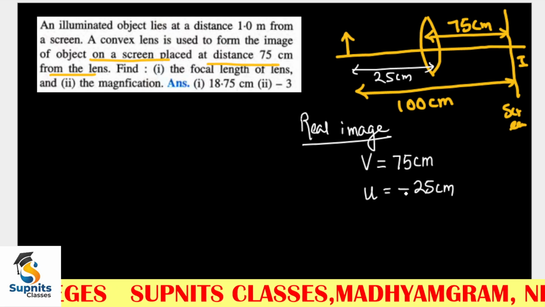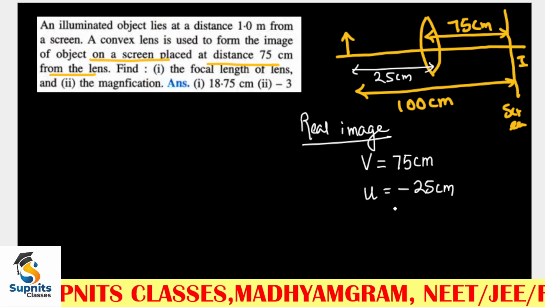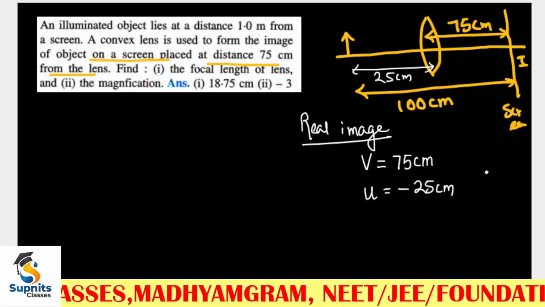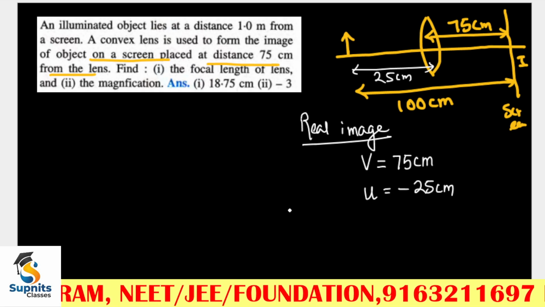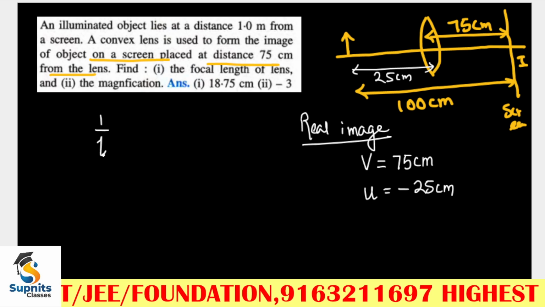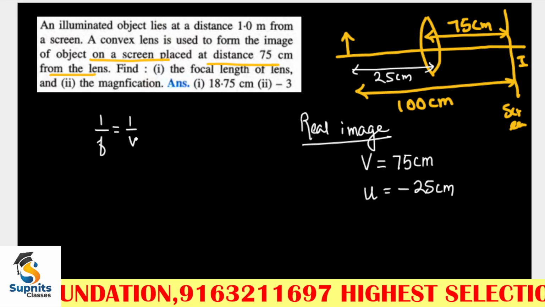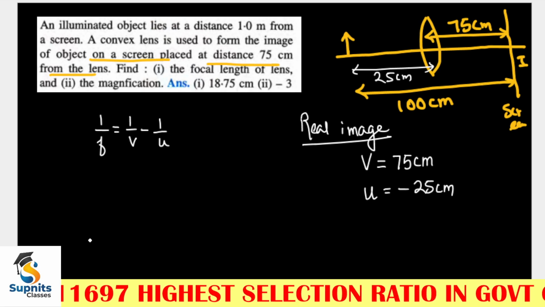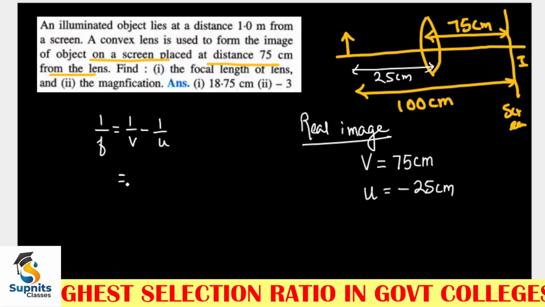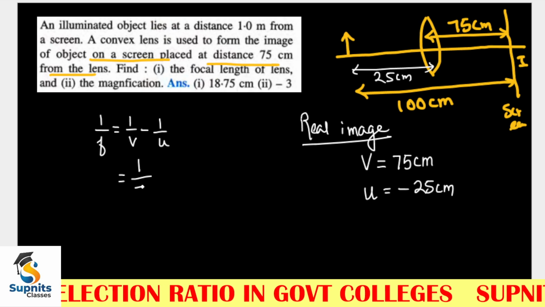Now from here you can easily calculate the focal length of the lens because you know u and v. So just apply the formula 1 by f is equal to 1 by v minus 1 by u. So 1 by v is 1 by 75.